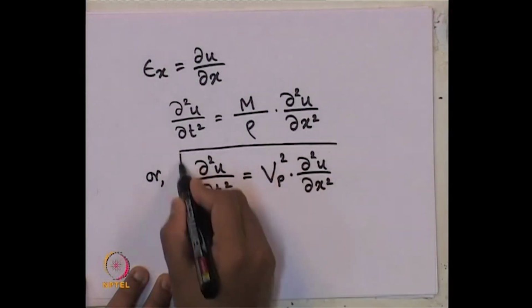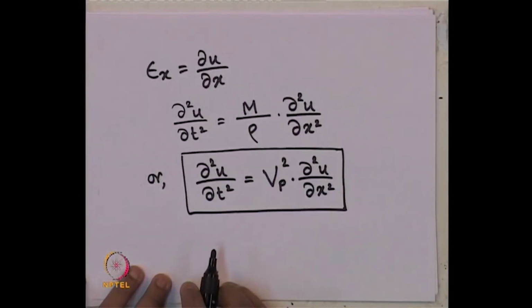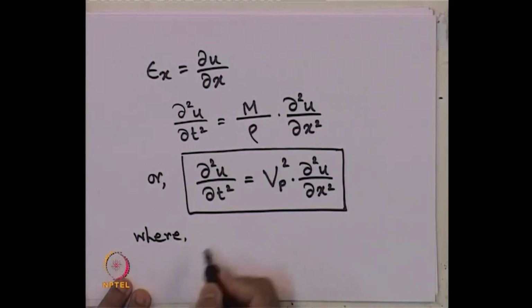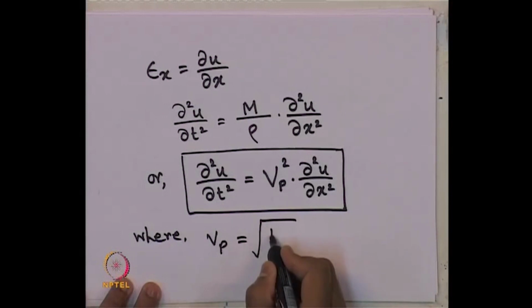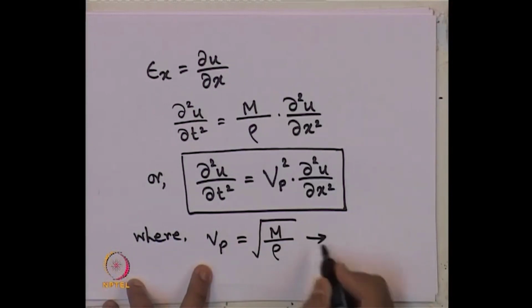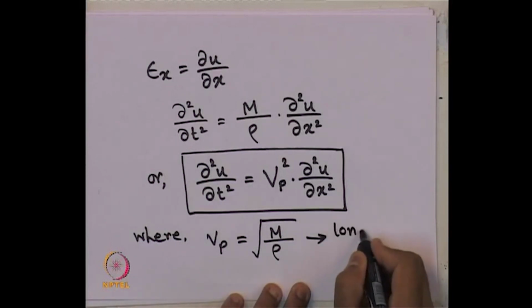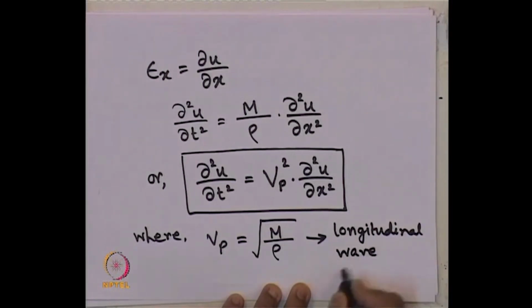This is the final form of the longitudinal wave equation in one dimension, where this V p is nothing but root over M by rho, and this is called the longitudinal wave velocity.